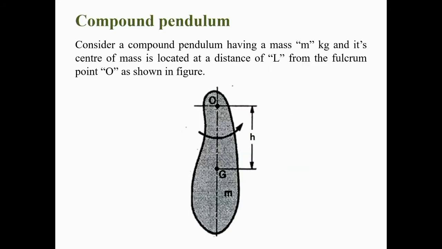Now next one, that is the compound pendulum. The procedure is the same, but first of all we need to understand the difference between a simple pendulum and a compound pendulum.